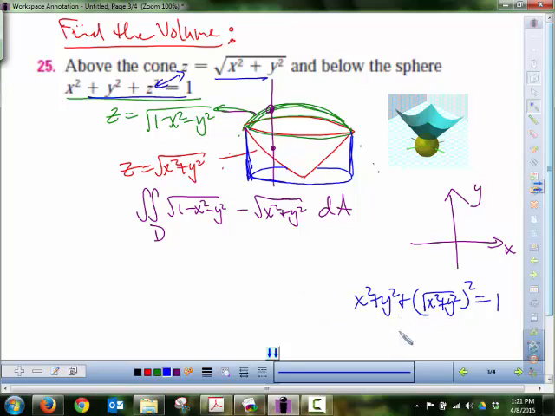Both have a factor of 2 that you can bring to the other side. So you should get a circle of radius root 2 over 2. So that's your domain.